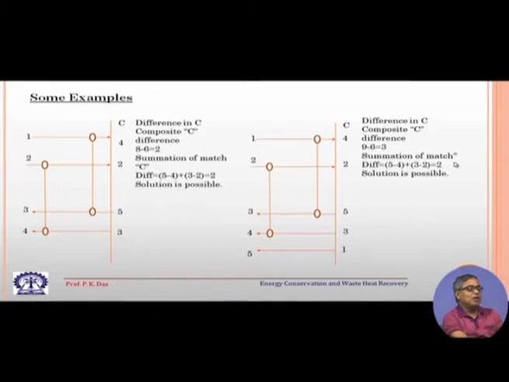And the summation of match: we are considering one match between 4 and 5, that means stream 1 and stream 3, and another match between stream 2 and stream 4. In this case the difference is 5 minus 4, and in this case the difference is 3 minus 2. So, this will be 1 plus 1, that is 2. Here also the solution is possible.